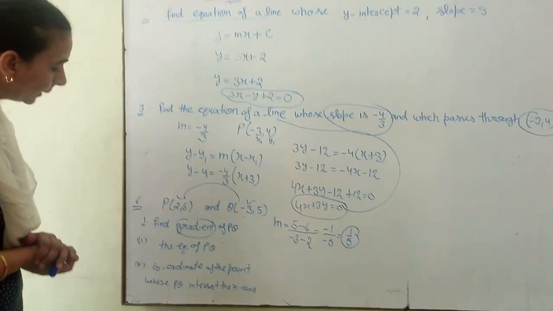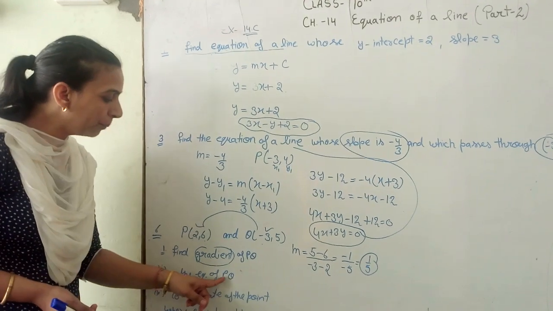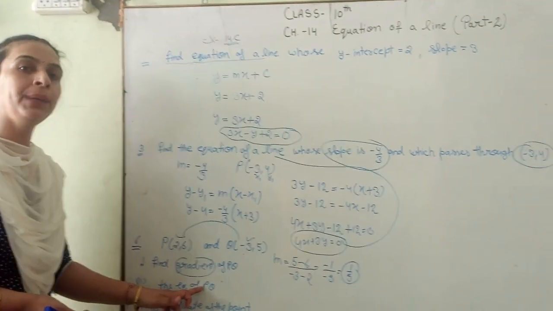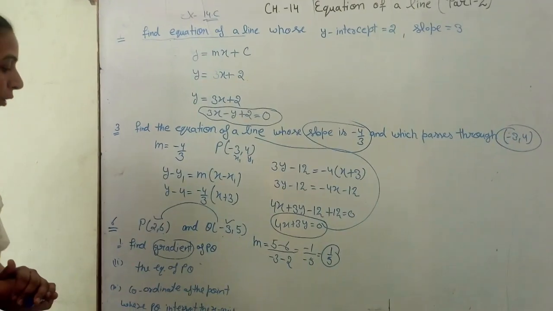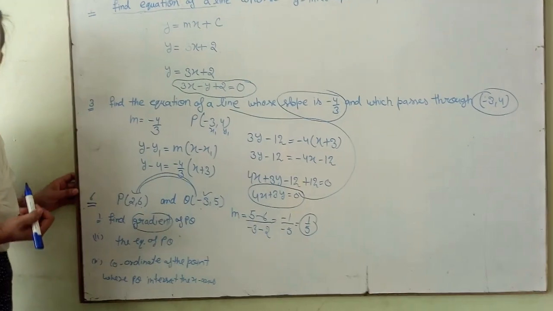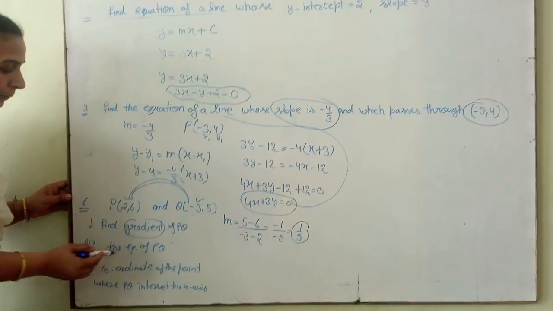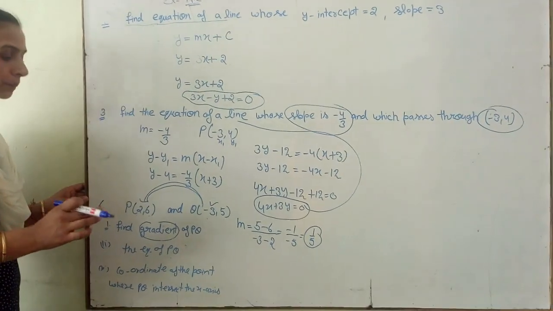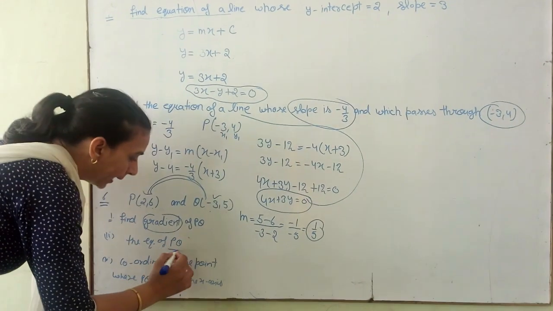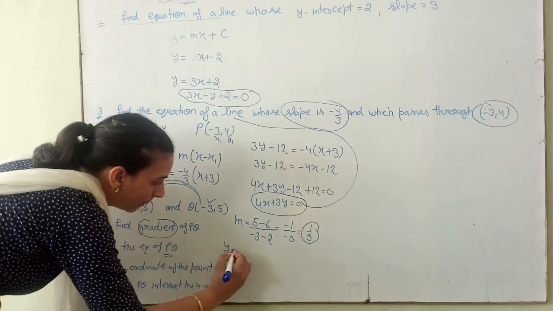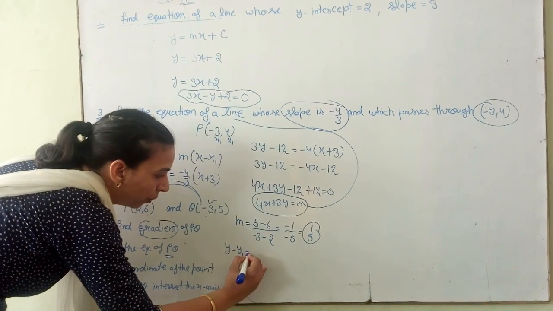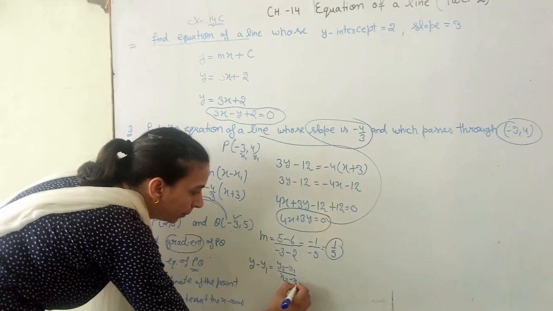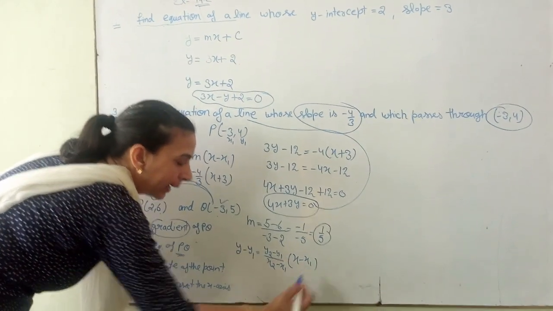Then part number 2: find the equation of PQ. In the first part we found the slope, and in the second part we find the equation of PQ. Students, we have 2 points, P and Q, so for finding the equation of PQ we use the third type, the 2-point form. The equation of line PQ is y minus y1 equal to y2 minus y1 by x2 minus x1 into x minus x1.